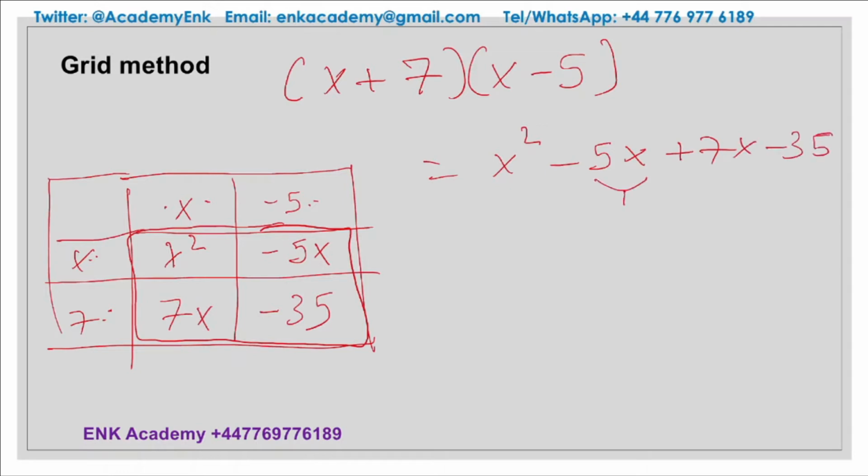Because we have like terms here, we can add: minus 5x plus 7x will give plus 2x, and then minus 35. This is how we expand this bracket. So remember to collect the like terms, and also the negative sign belongs to the 5, and that is why we keep it here, minus 5.